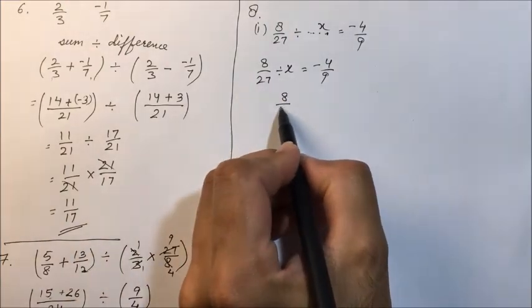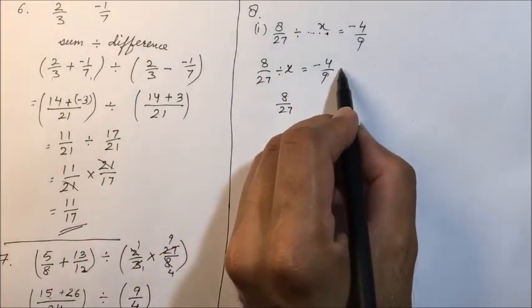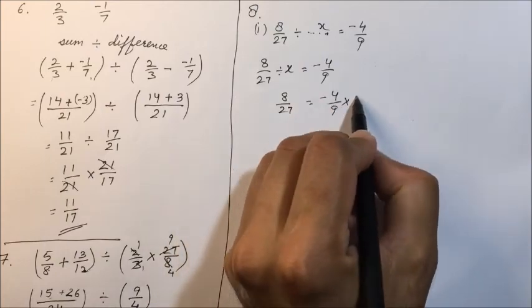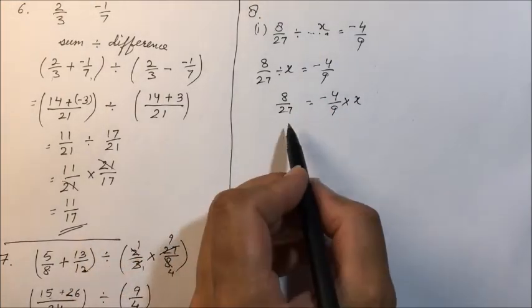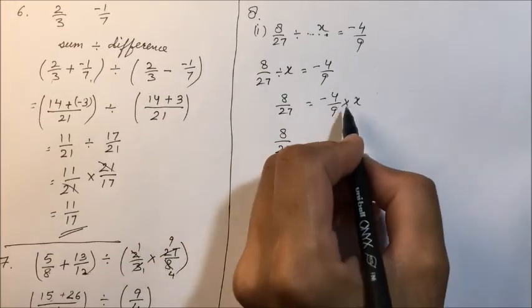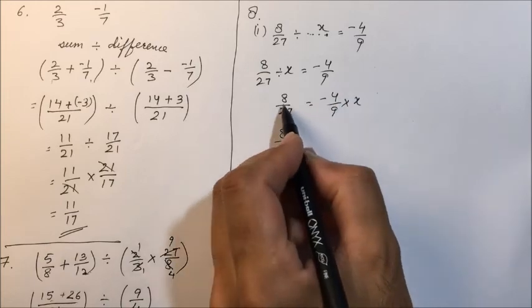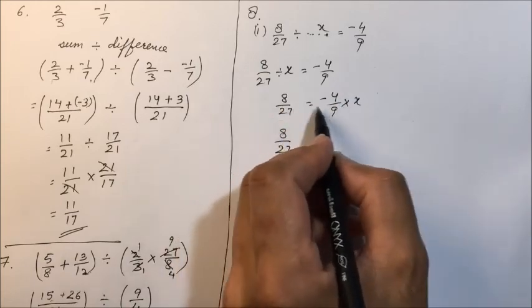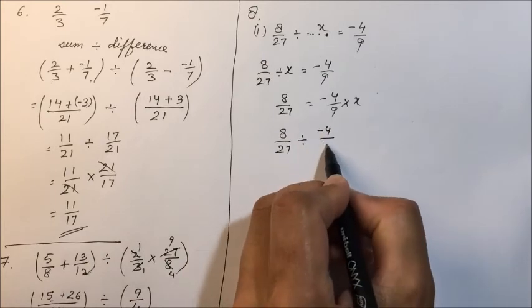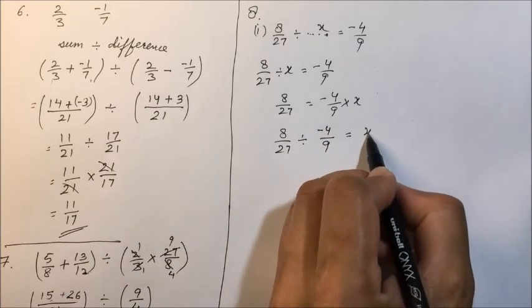It will be 8 upon 27, take x on this side, division becomes multiplication, minus 4 upon 9 into x. Now 8 upon 27, if we take this number on the RHS, it will become division, divided by minus 4 upon 9 equals x.